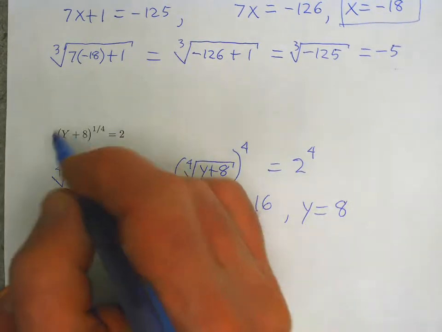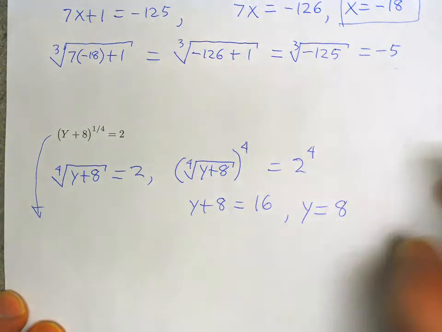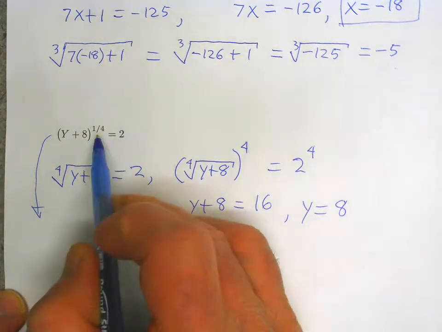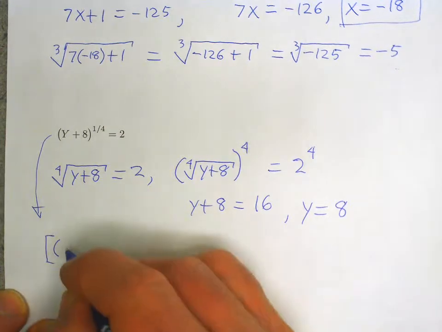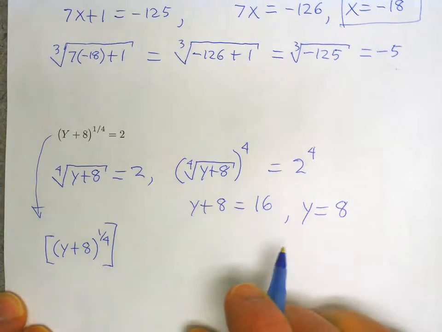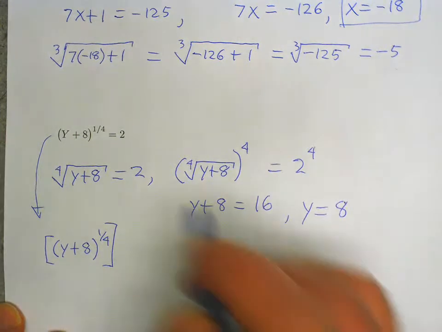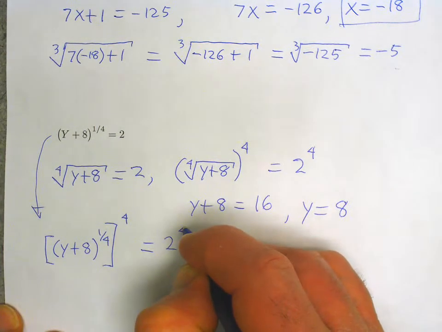I'll just point out one more thing. Like I mentioned, you don't have to convert it to a radical. But since the exponent is 1/4, we still want to raise both sides to the fourth power. So we raise (y + 8) to the 1/4 to the 4th, and raise the right-hand side to the 4th.